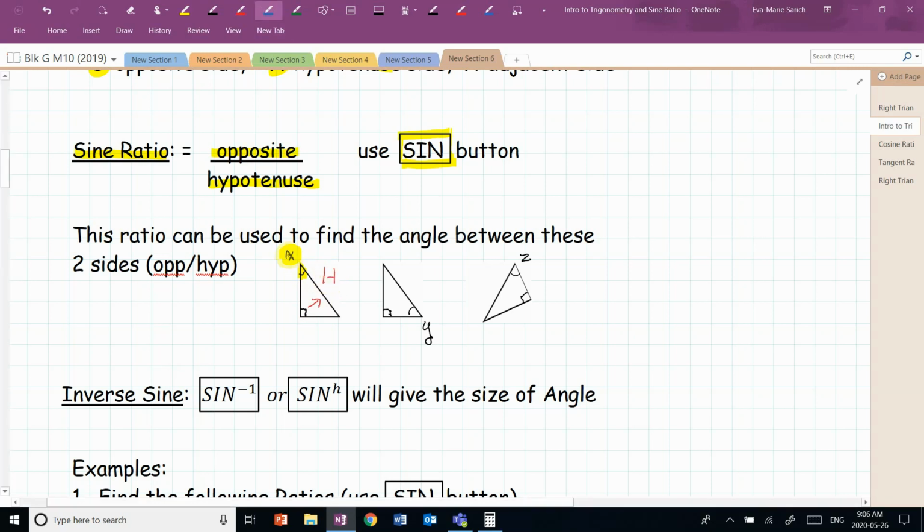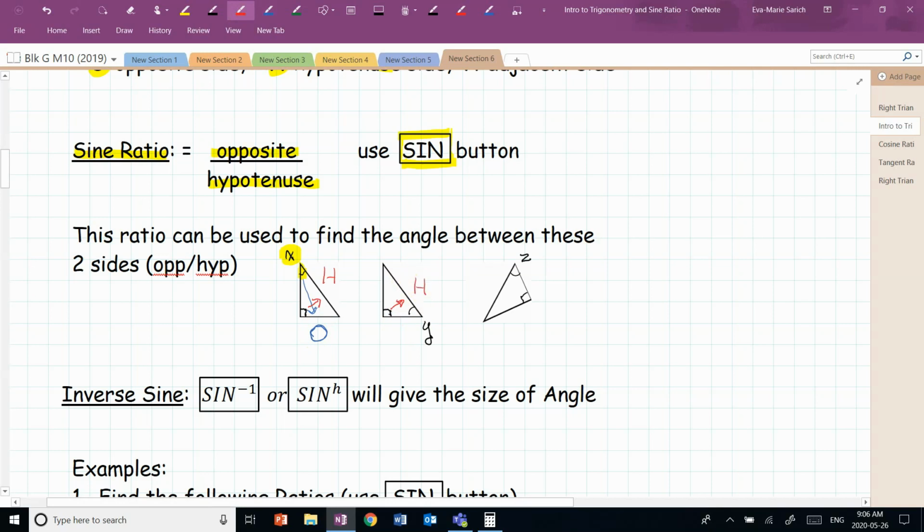Now, angle X, if we go opposite of angle X, that gives us the opposite side. So opposite the right angle is the hypotenuse, and opposite of angle X is this side here, which is the opposite side.